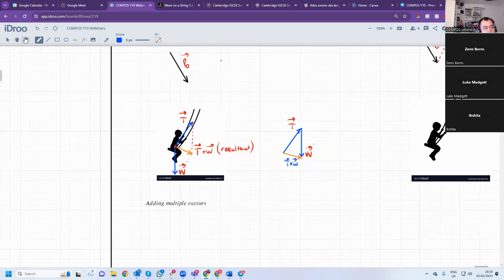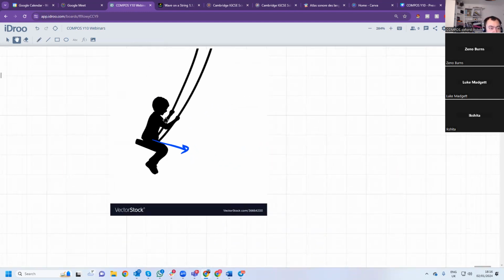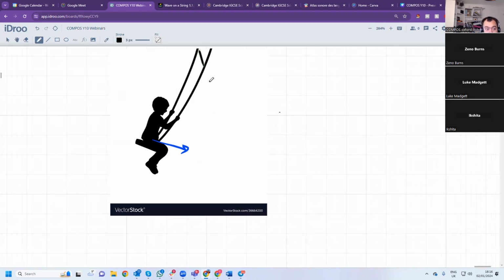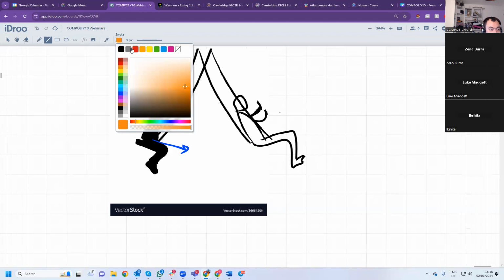From this position, the child will go forward. Now, when the child is on the other end of the swing, and this is a tough thing to do, when the child is here, now you will see my best drawing of a child ever. Okay. I could have done it differently. Anyways, when the child is here, the forces are in different directions.